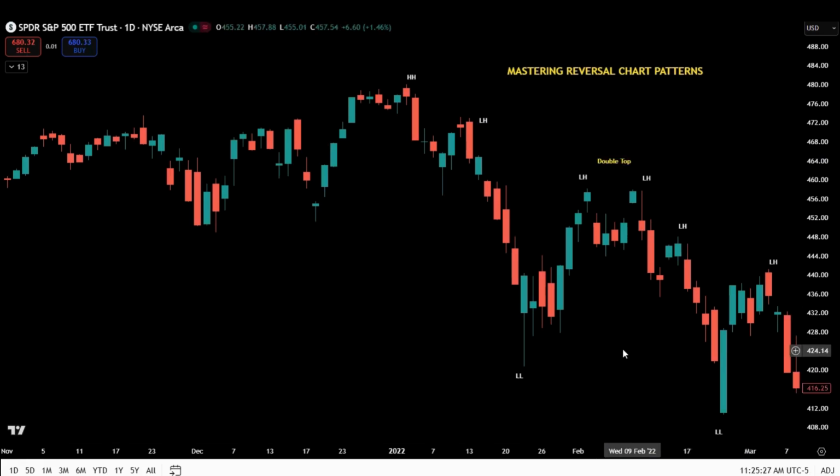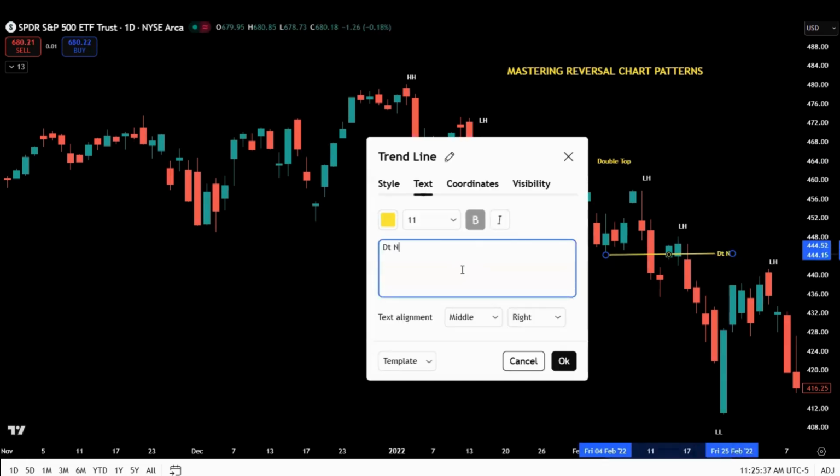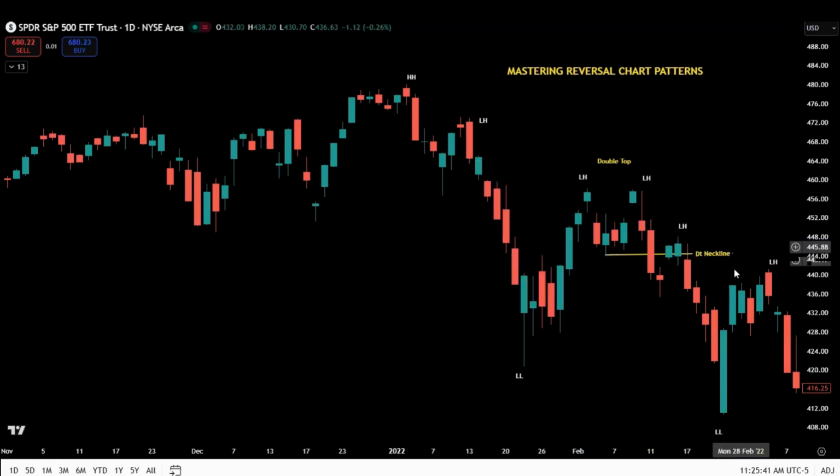And we can see all that right there. This would be the neckline of the double top right here. And we can see that price did fall below. It came back up and retested, and then we went ahead and fell again.